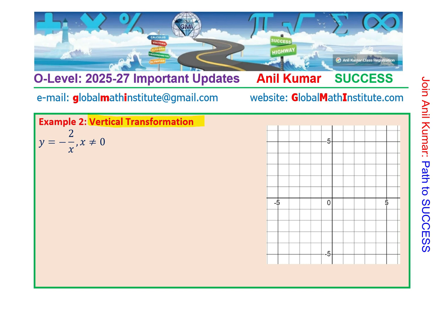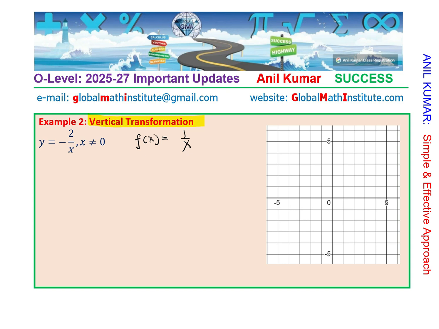Now here we have a function y equals minus 2 over x. There are two types of transformations when we compare it to the parent function 1 over x, correct? When you do this comparison, what is happening?